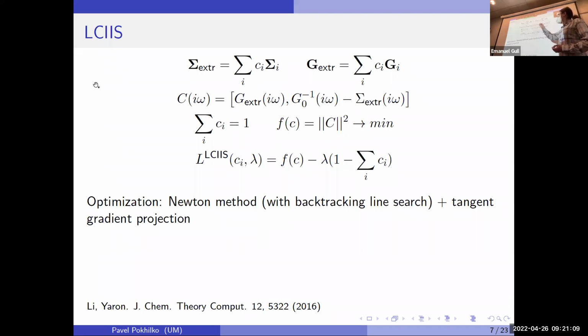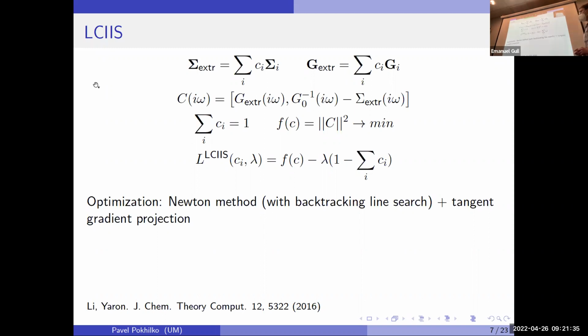The squared norm of this commutator is our objective function that we want to minimize under this constraint. And for this purpose, again, we can compile a Lagrangian, but here, because this objective function is a quartic function, since it is not a quadratic form, it won't lead to a linear system of equations, and we need some iterative procedure to solve it.